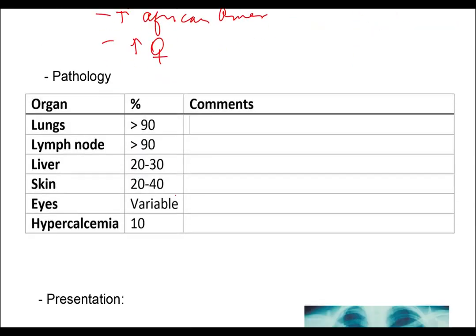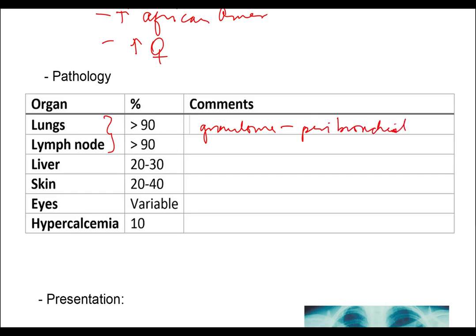Well, pathology depends on which of the organs get affected. And you can see almost everybody gets affected in the lung and hilar lymph nodes. So when we talk about what we see in the lungs, we're going to see granulomas. And remember, it's going to be peribronchial because that's where your lymphatics are.